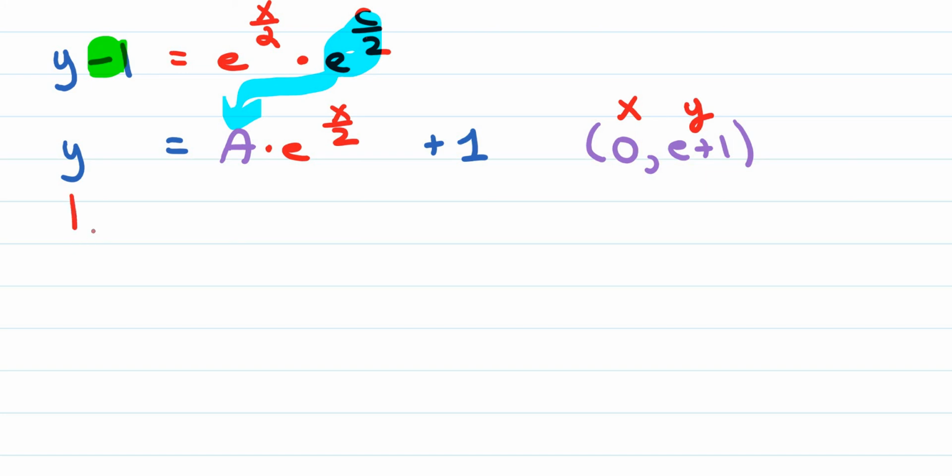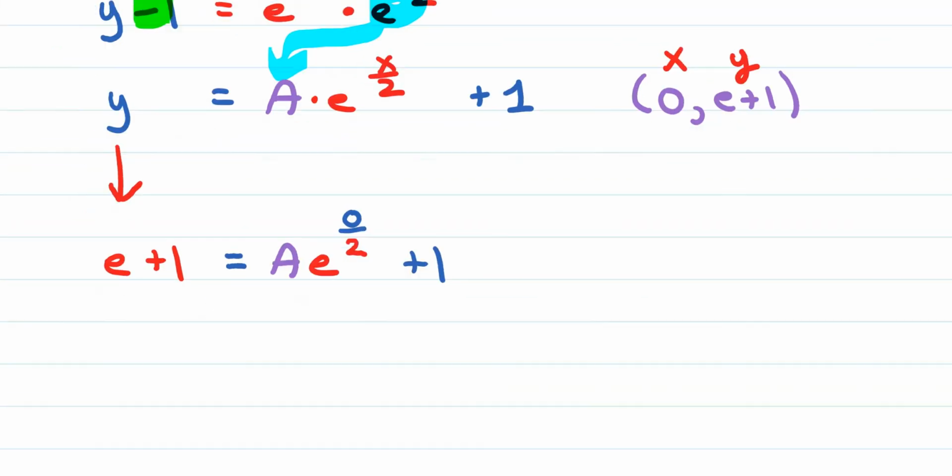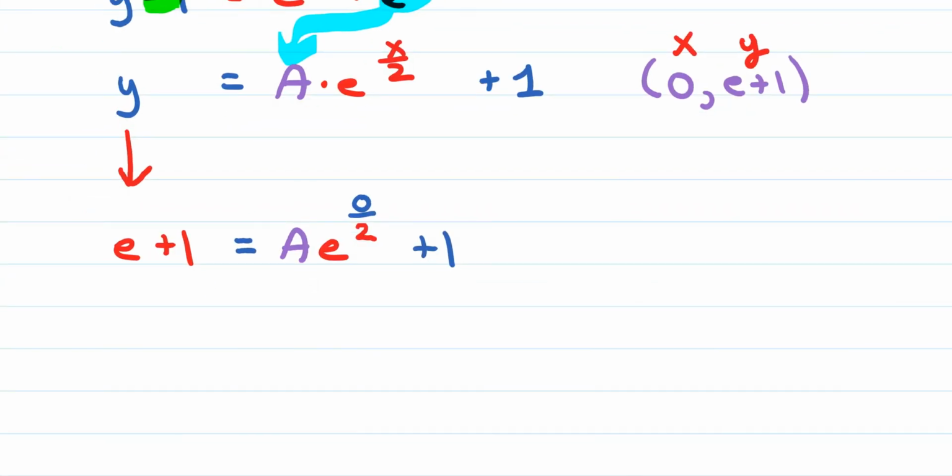So I'm just going to substitute y here. Y is going to be e plus 1 equals a, and this e to the power of, well, I have a 0 here, so this is 0 over 2, and there's a plus 1 over here. And I just need to isolate for a now.